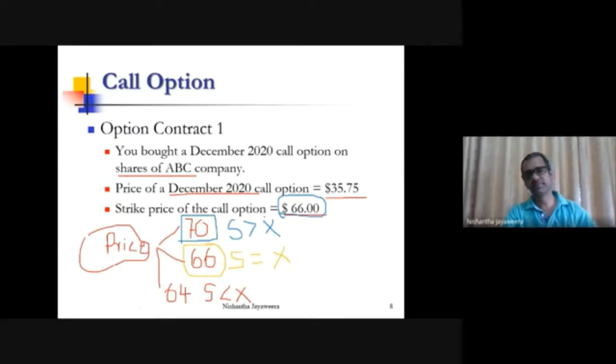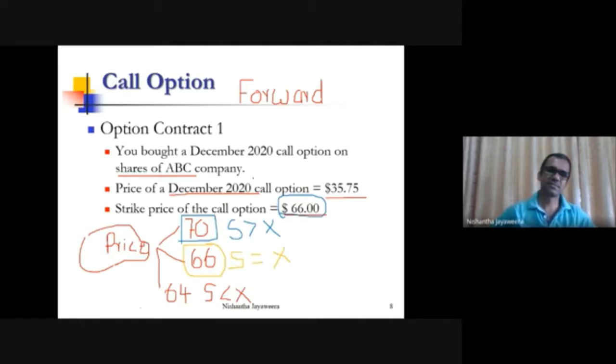Okay, now tell me, forwards or futures. What's the difference between a forward and an option? With the forward, you have an obligation to meet the condition at maturity, but an option gives you a choice.